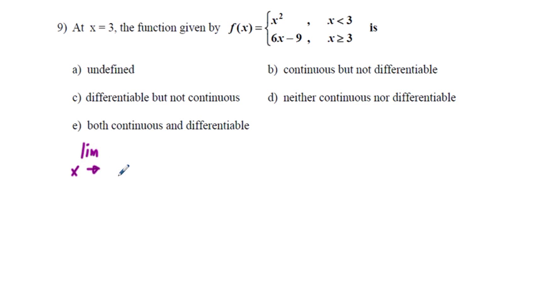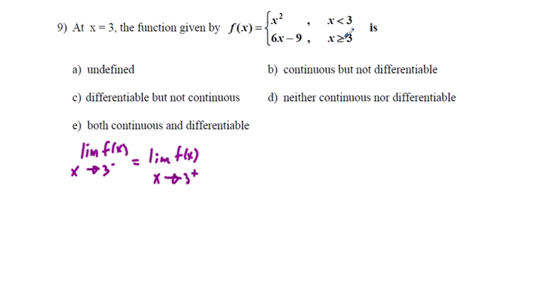The limit as x approaches 3 from the left side of f of x equals the limit as x approaches 3 from the right side of f of x. We need this for continuity.